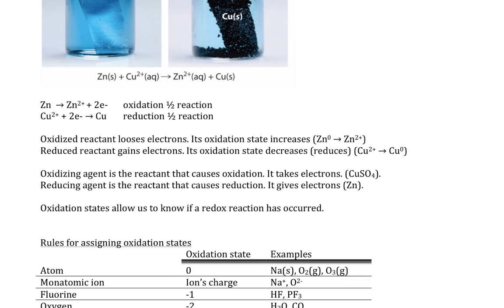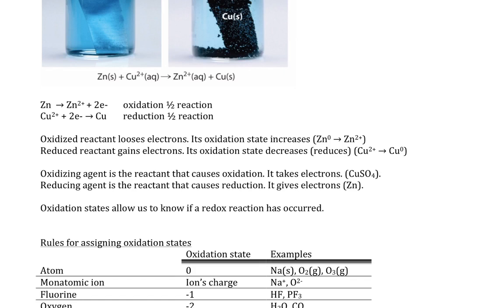They add up to give the overall reaction. Because here we have a redox type reaction, we have electrons involved. The half reaction that gives up electrons is called the oxidation half reaction. The reaction that takes on electrons is called the reduction half reaction.